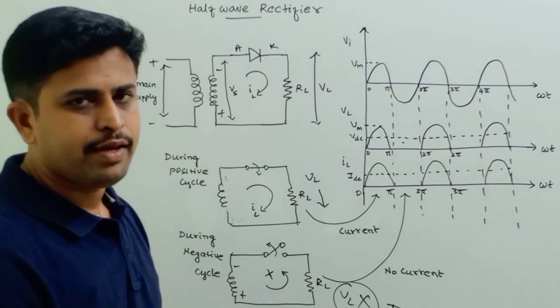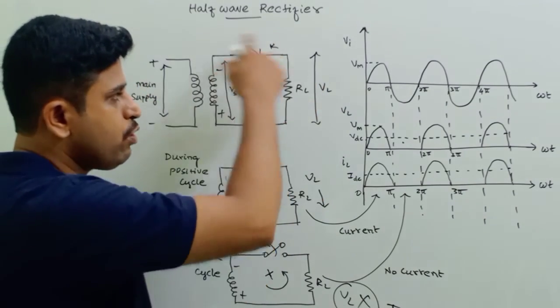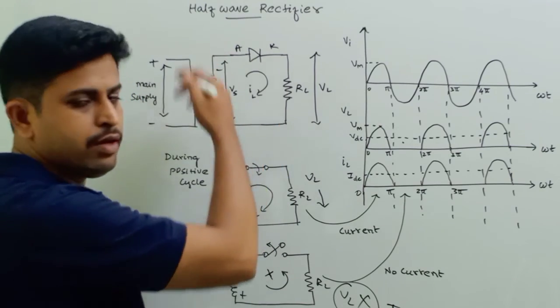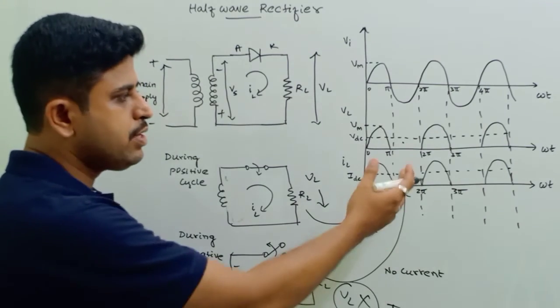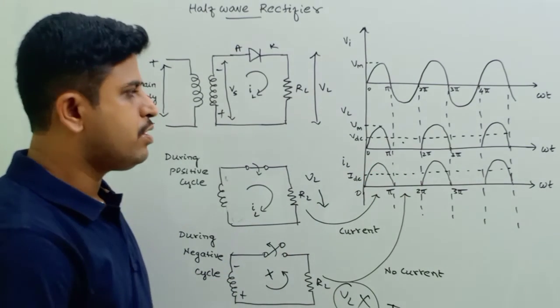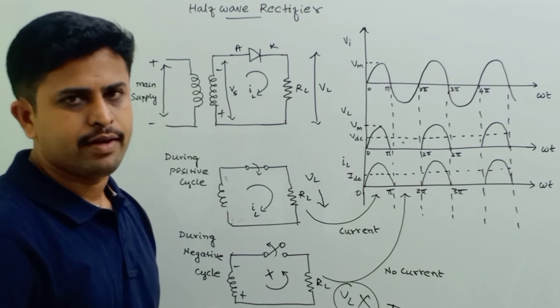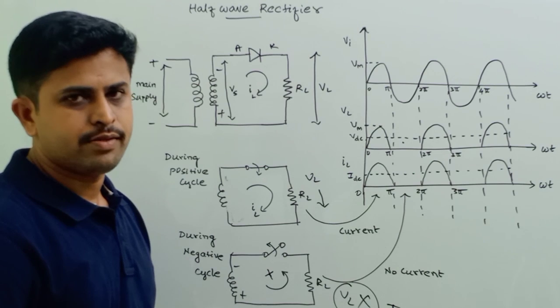We can say it allows the current to flow in the clockwise direction, whereas it does not allow the current to flow in the anti-clockwise, opposite direction. This is the graphical representation of the output voltage VL as well as the load current IL. So this is how a half-wave rectifier works.